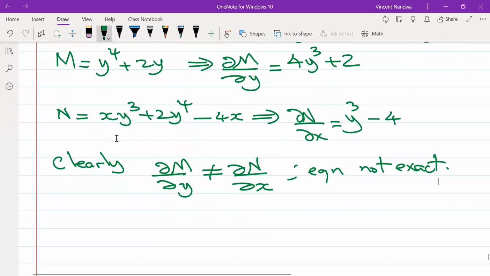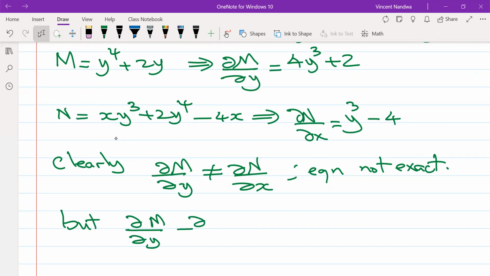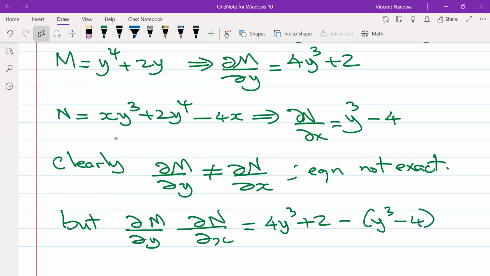But if we find this difference, partial M partial y minus partial N partial x is 4y cubed plus 2 minus y cubed minus 4, which gives 4y cubed plus 2 minus y cubed plus 4.